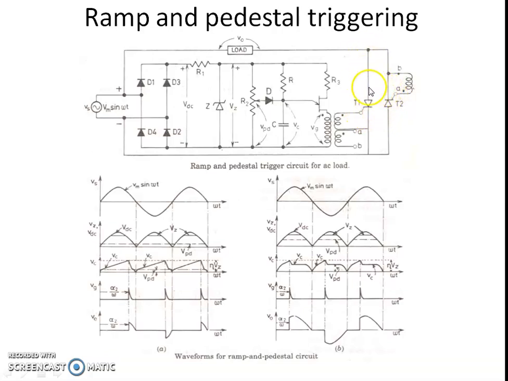During the positive half cycle, T1 is in forward blocking mode. During the negative half cycle, T2 is in forward blocking mode. So we can control the output voltage across the load during both the positive and negative half cycles. The firing circuit used to turn on T1 and T2 is the ramp and pedestal triggering circuit.